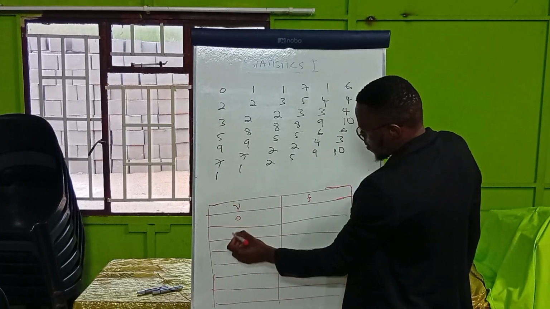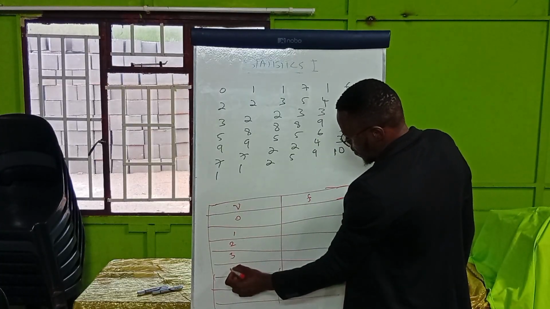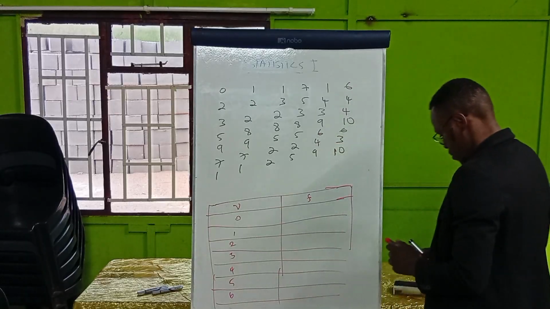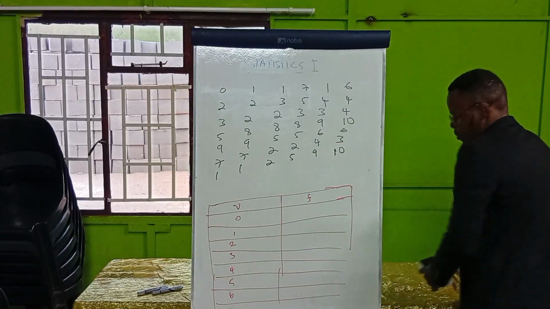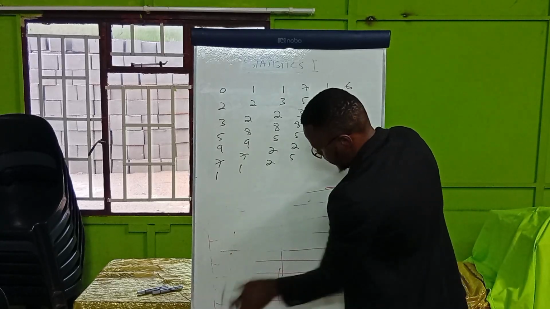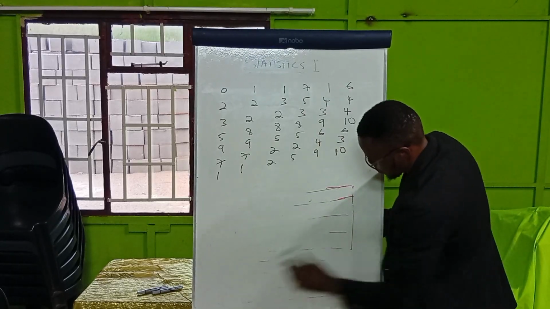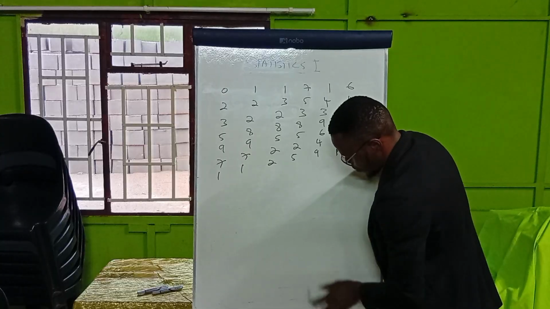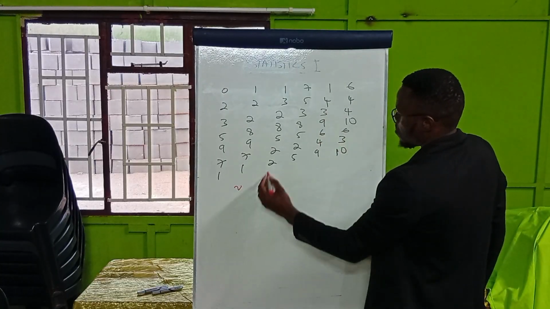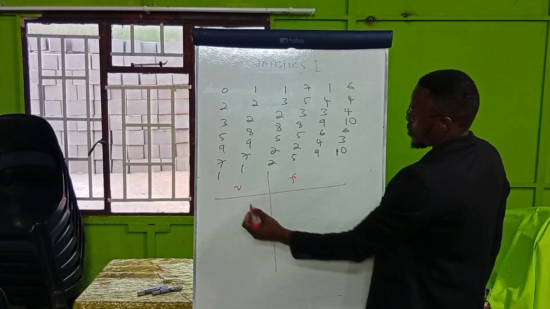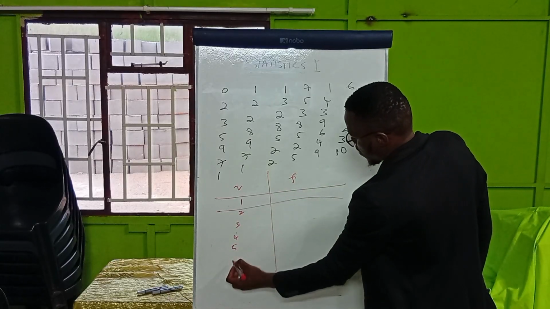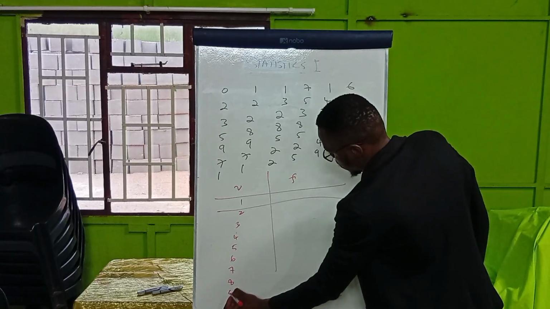So you've got 0, 1, 2, 3, 4, 5, 6. Then we'll make another, only to raise it up. So you have something like this: your variable, your frequency, so you've got 1, 2, 3, 4, 5, 6, 7, 8, 9, 10.